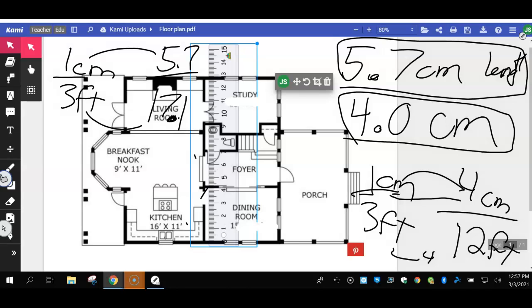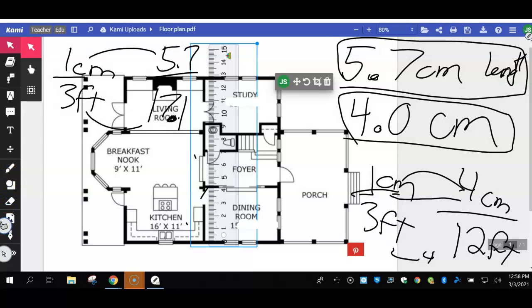Now, let's talk about how else this is important. Knowing the length and the width, what could you do with that? Find what can fit.